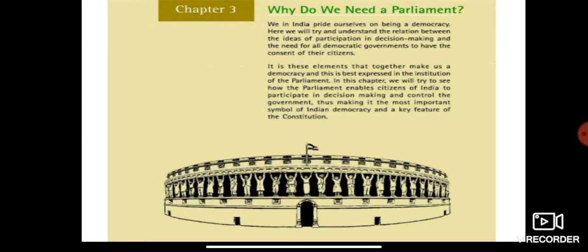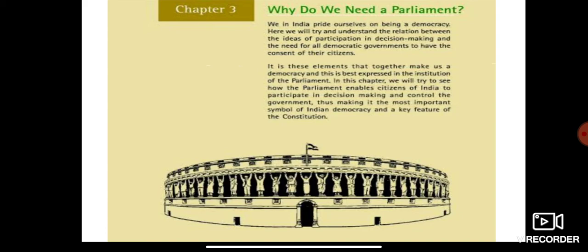At the state level this is called the legislature or legislative assembly. The name may vary in different countries, but such an assembly exists in every democratic country, and it exercises political authority on behalf of the people in many ways.